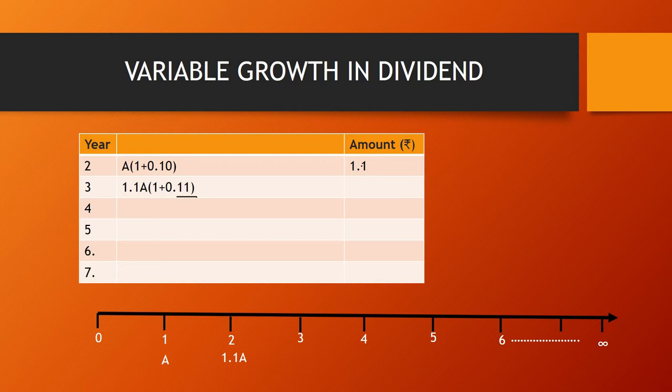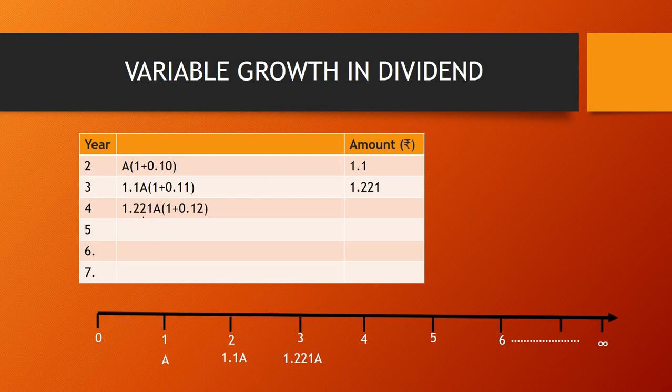So whatever you got in the previous year, 1.1, multiply by 1 plus 0.1. So your dividend will be 1.221. Now in the fourth year, your dividend growth rate can be 11% or it can be 12, it can be 15. So it can remain constant, it can change also.